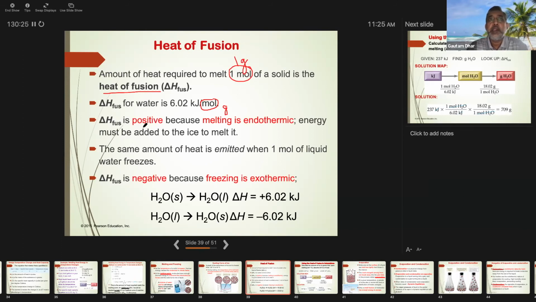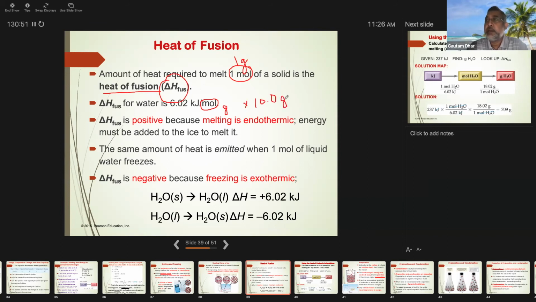It's basically equal and opposite in sign, and it's called the delta H fusion or heat of fusion. If you are doing it in grams, like 6.02 joules per gram, then if I get 10 grams of ice and I want to melt it, it will be 60.2 kilojoules.